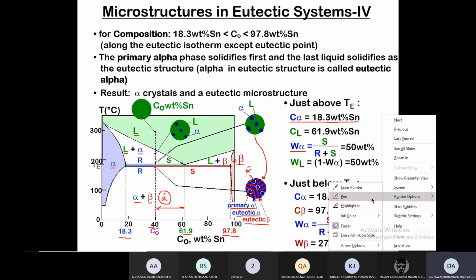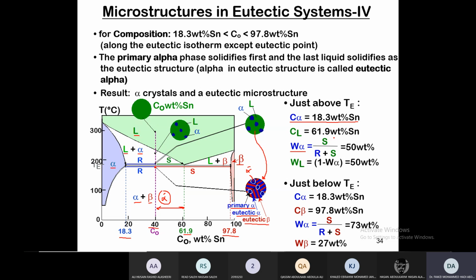So this will be 61.9 minus 40, and divided by R plus S, which is the total, S plus R, from here to there. So instead of getting S alone and R alone, we can just say it is 61.9, which is from here, minus 18.3, which will give you the S plus R complete.